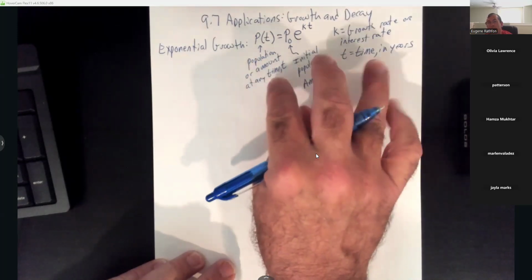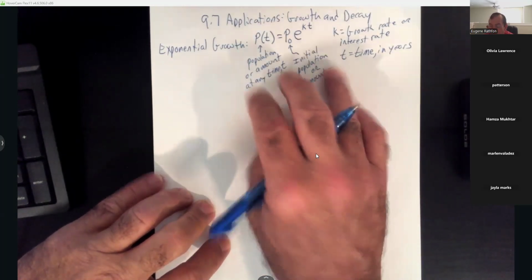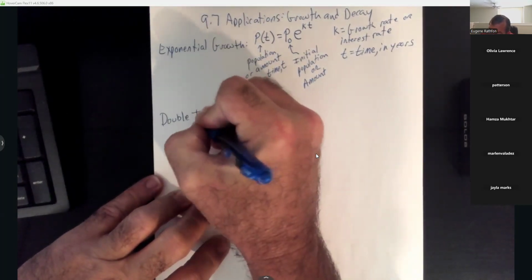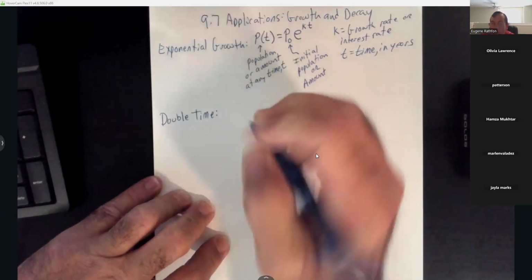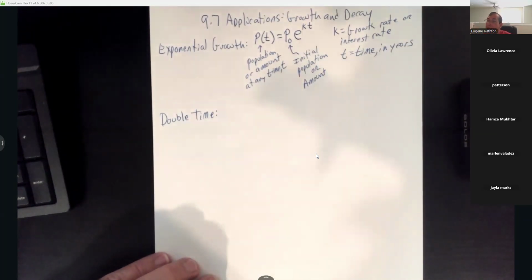Now, there's other variations of this formula we're going to look at. Like we got one we call the double time. So the double time is the amount of time it takes the population to double or the investment to double.